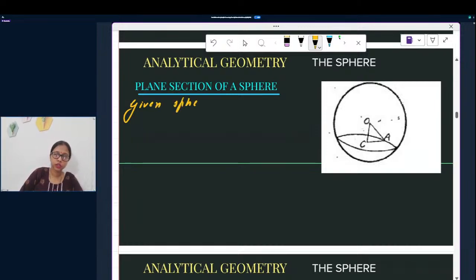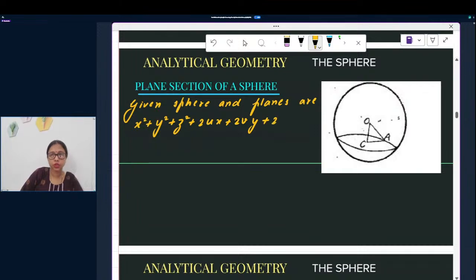Given sphere and plane are x square plus y square plus z square plus 2ux plus 2vy plus 2wz plus d is equal to 0.